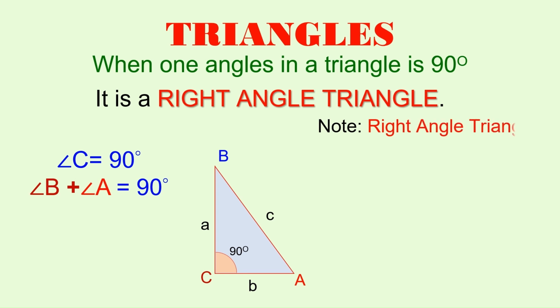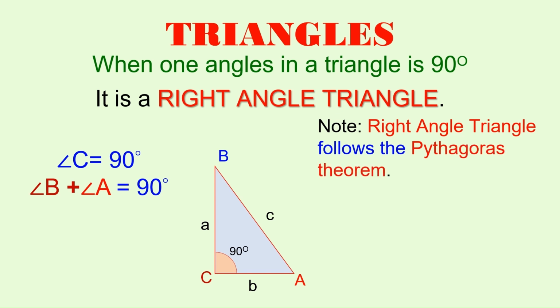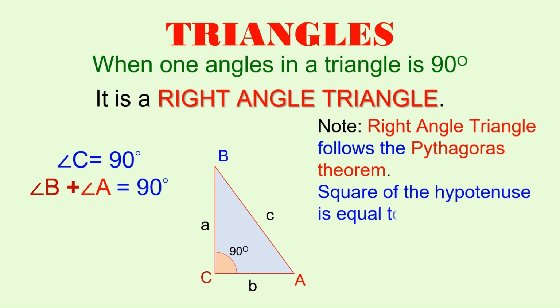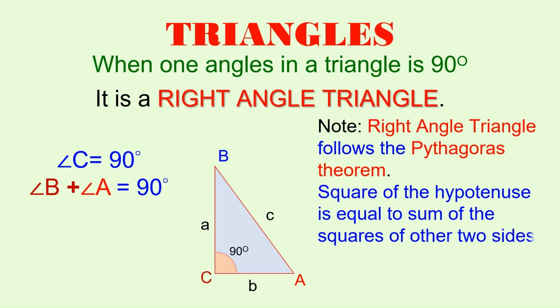Angle B plus angle A equals 90 degrees. Note: a right angle triangle follows the Pythagoras theorem. That is, the square of the hypotenuse is equal to the sum of the squares of the other two sides. C squared equals A squared plus B squared.